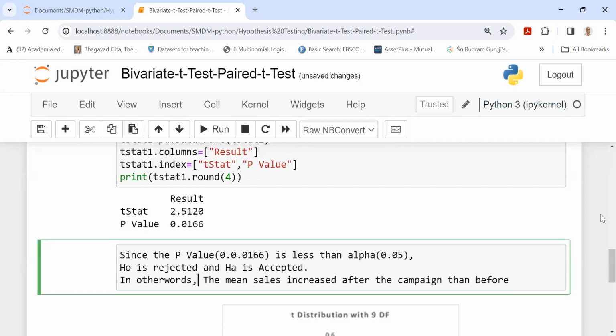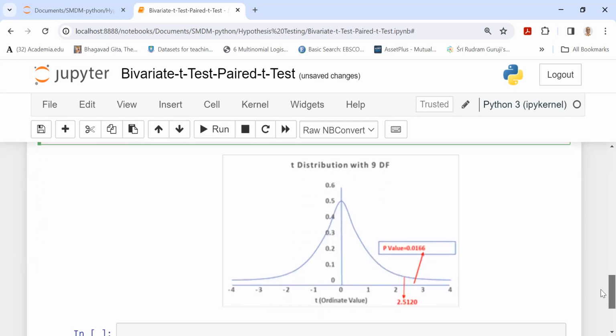In order to understand it is a one-tail, right-tail test, I have diagrammatized the t-distribution for 9 degrees of freedom, and the computed t-stat 2.5120 is here.